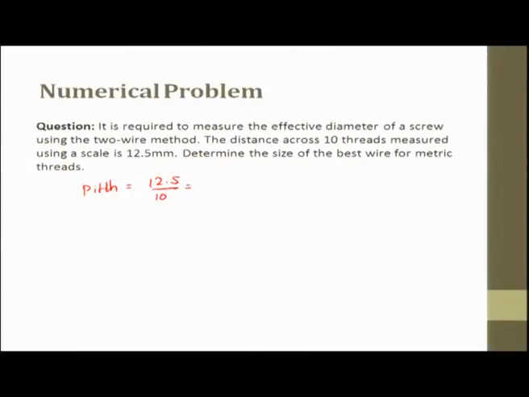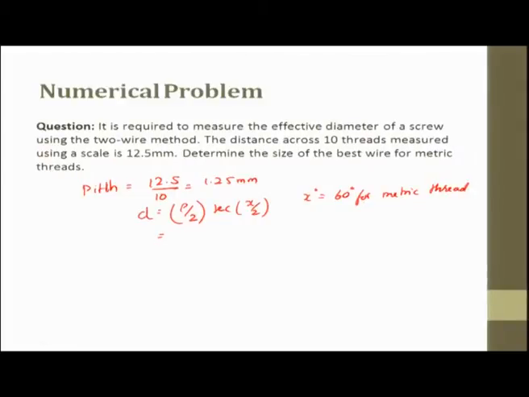So, that is nothing but 1.25 millimeter will be the pitch. So, what is the best wire diameter? Diameter is nothing but P by 2 into secant x by 2, where x equals 60 degrees for metric thread.